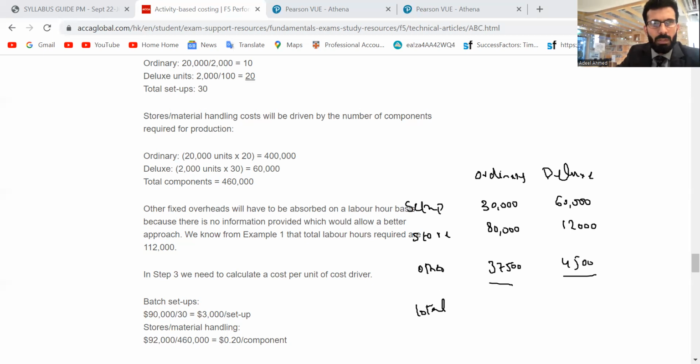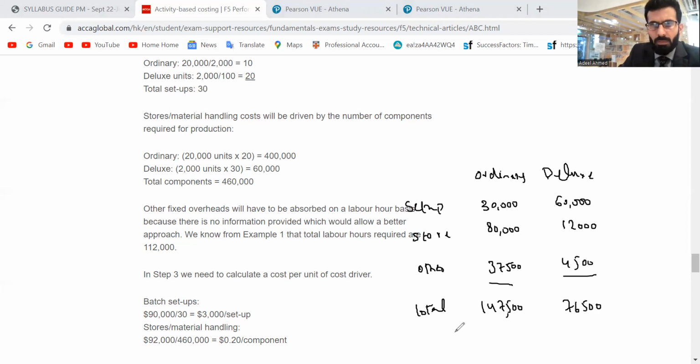So it turns out that the total overheads are $147,500 for this product and $76,500 for the other product.